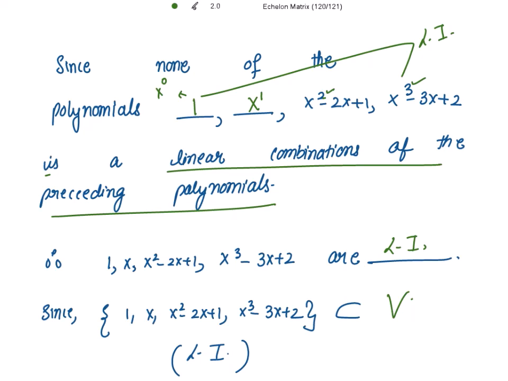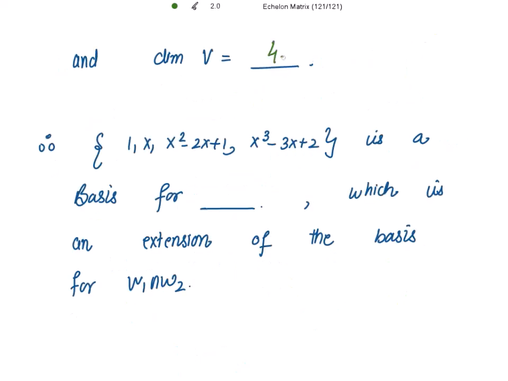Also this set is a subset of V. The number of elements is 4, and the dimension of V is also 4, so definitely this set of polynomials is a basis for V.